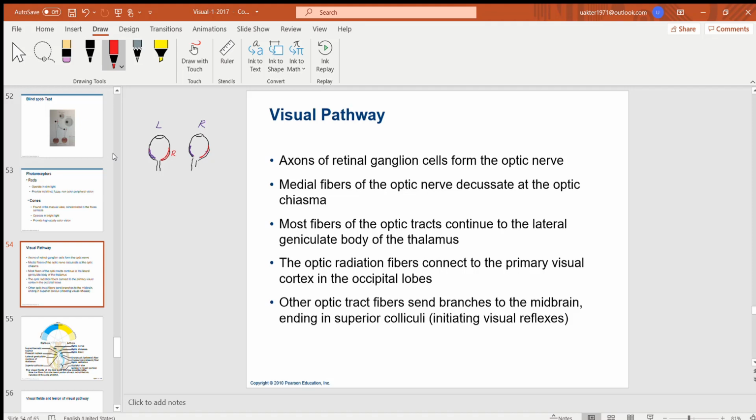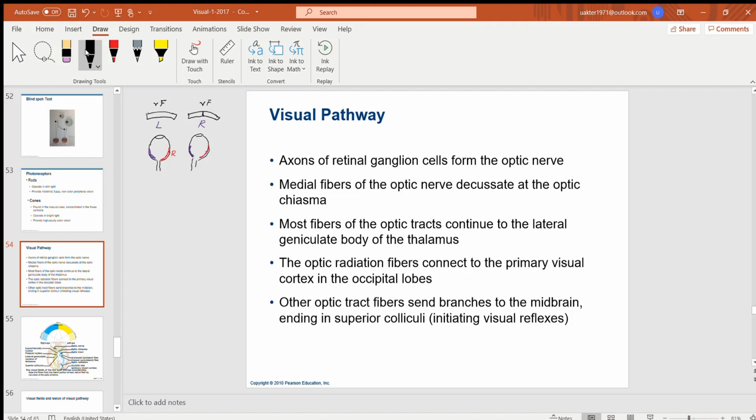So if I draw the visual field for your right and left eyes separately, just to explain better, so I can divide. This is the visual field of your right eye, and this is the visual field for your left eye.